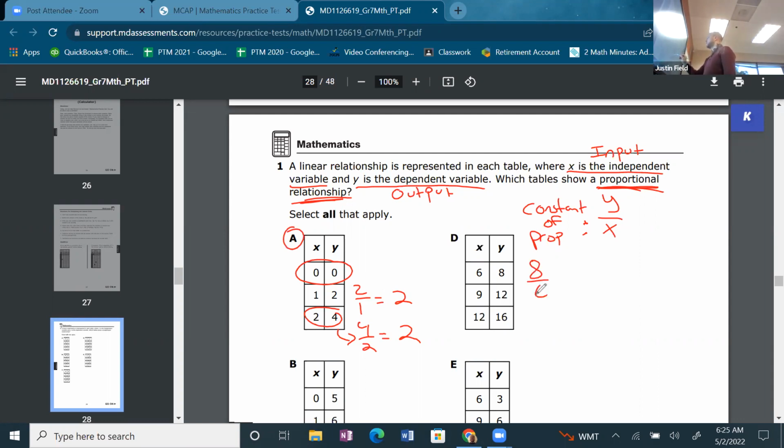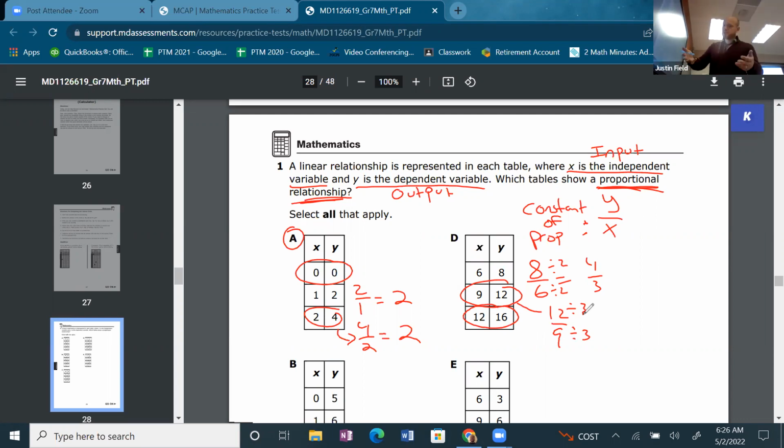How about D? 8 over 6. Well, we can divide both of those by 2. That would be 4/3. So now we want to see, do both of the others simplify to 4/3? 12 over 9. Can we divide those both by 2? No. But we can divide them both by 3. So when you're reducing your fractions, try dividing by 2.